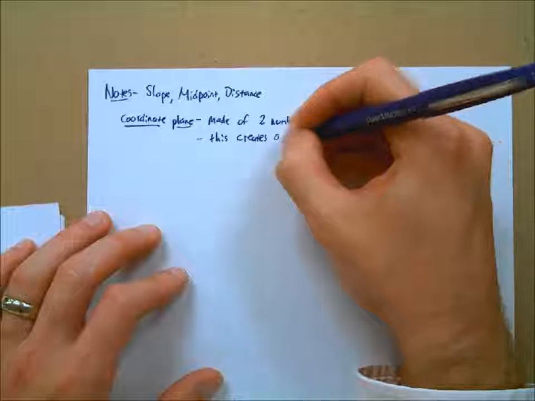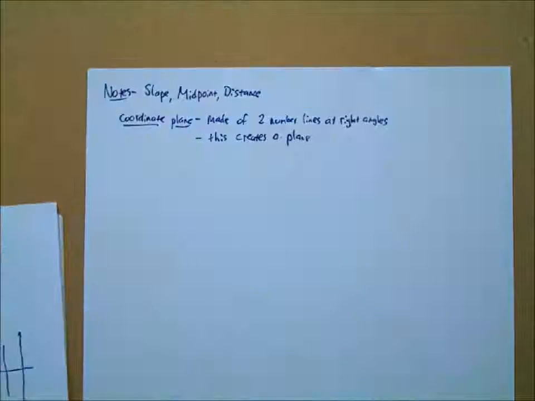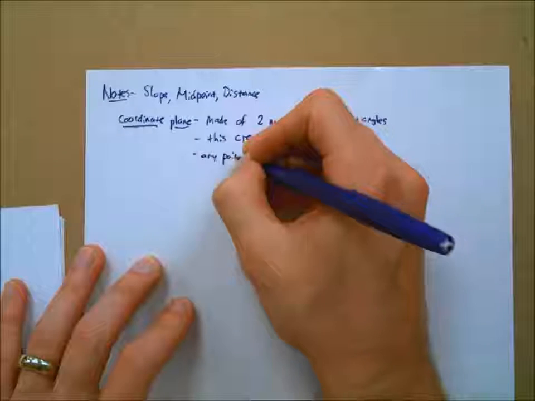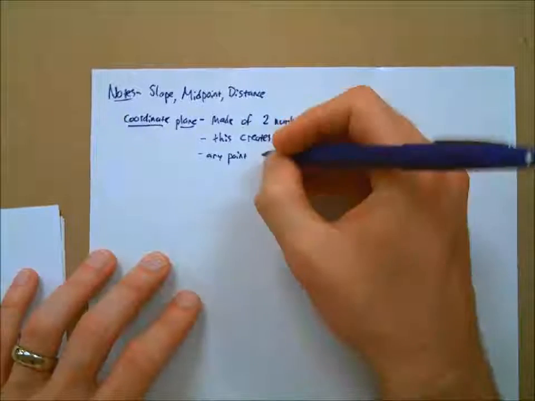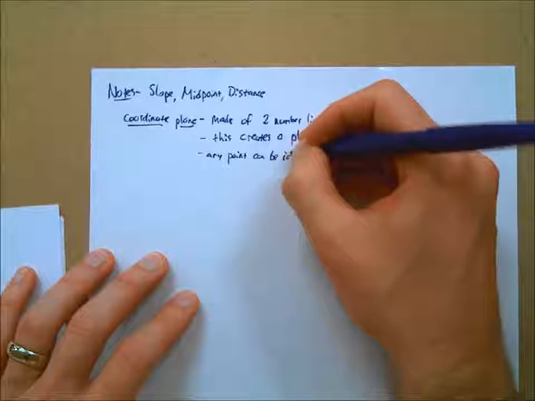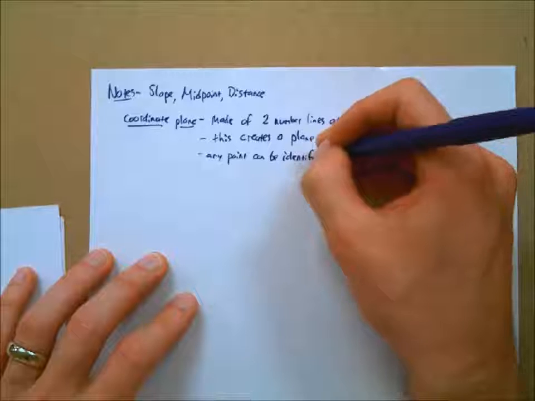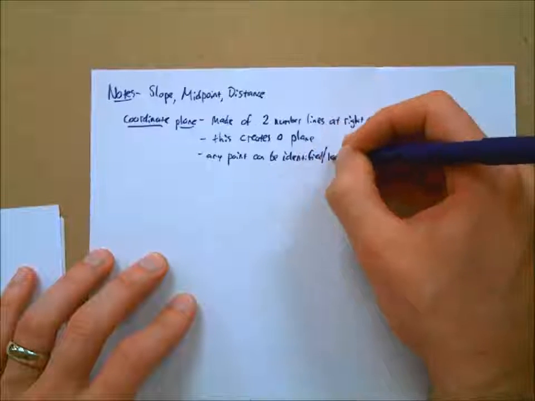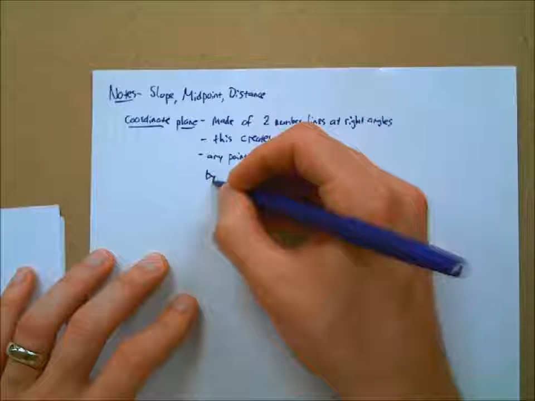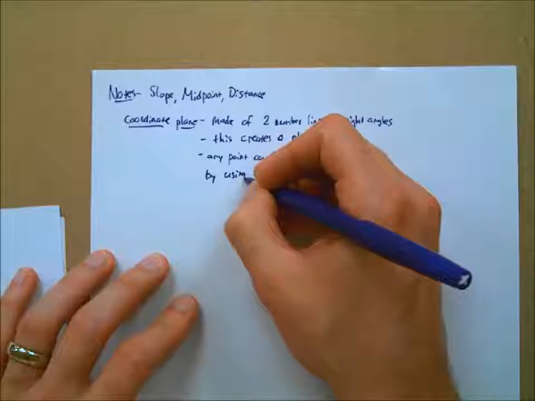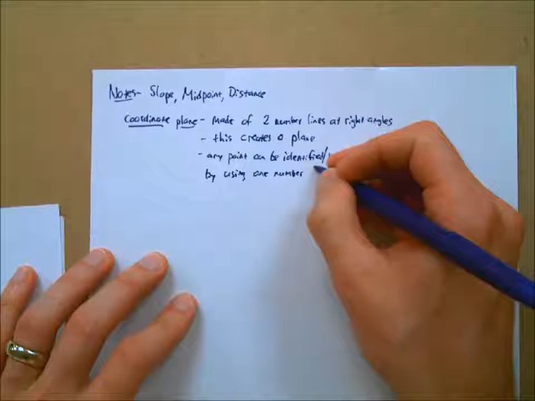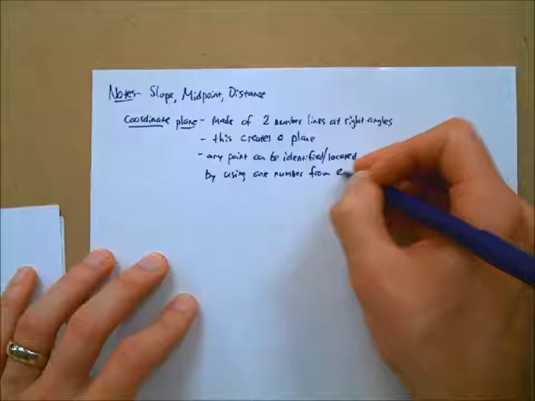Okay. And then any point in that plane, right? A plane is filled up of an infinite number of points. Any point can be identified/located by using one number from each line. Okay.